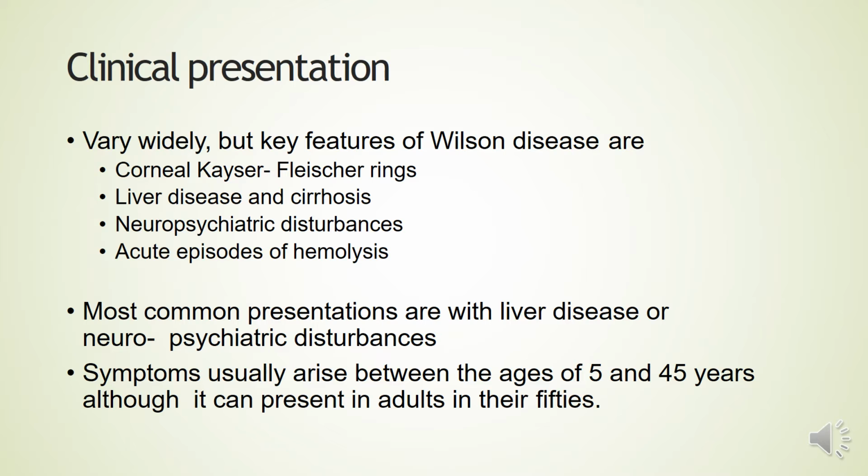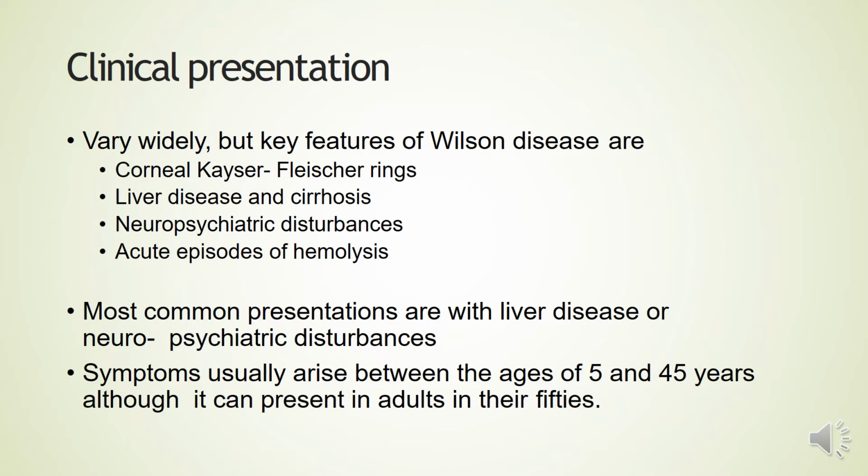So the manifestations of Wilson's disease are widely variable, but there are four hallmark manifestations: the corneal KF ring, liver disease and cirrhosis, neuropsychiatric disturbances, and acute episodes of hemolysis. Acute episodes of hemolysis are pretty rare in Wilson's disease, and subacute chronic hemolysis can also occur in these patients, but acute episodes may not be so apparent, right?